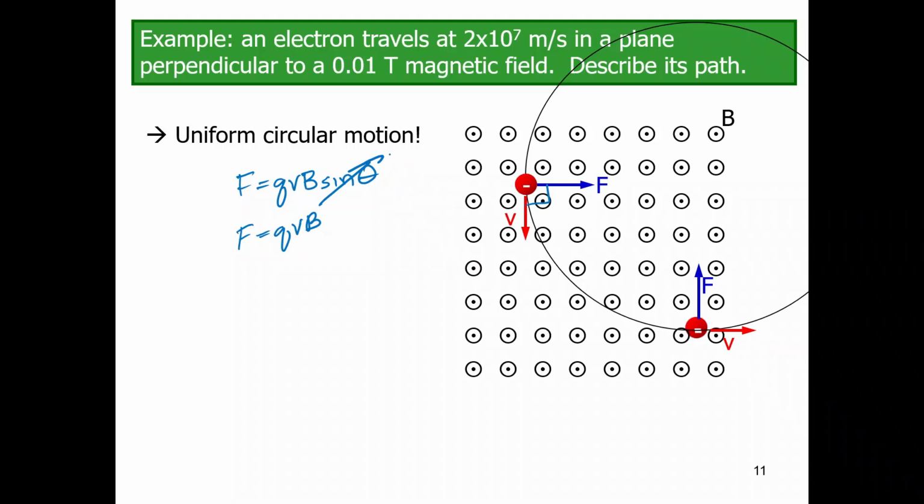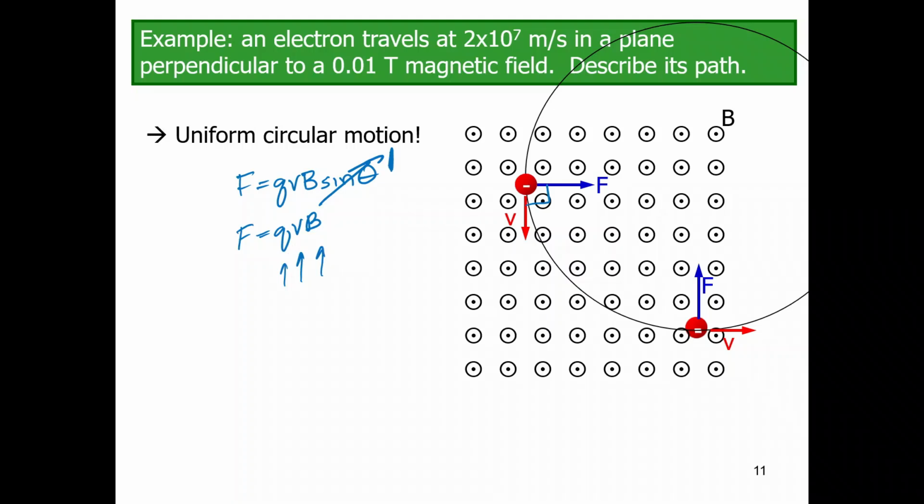It's equal to 1. Sine of 90 is 1. So we would get QVB. So Q is constant because that's the charge of our particle. V is constant. And B is going to be constant, okay, at that first instant.